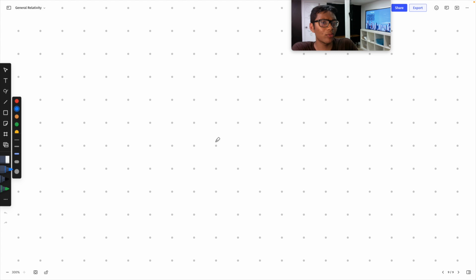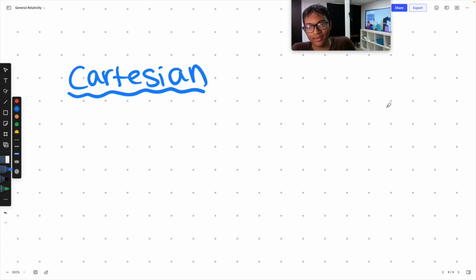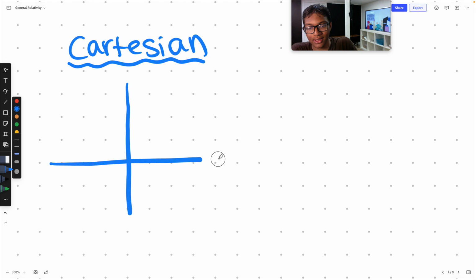Okay, so now let's deal with two concrete coordinate systems, Cartesian and polar, as we discussed in our introduction. Let me first draw my Cartesian coordinate system in blue.